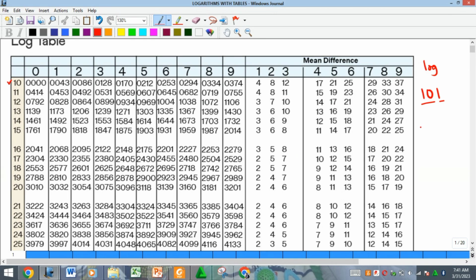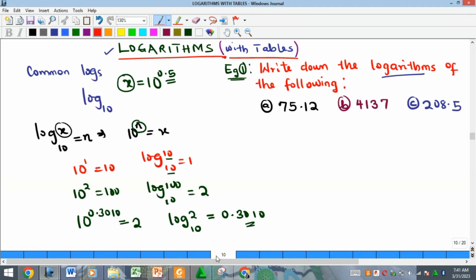However, before you start looking for your logarithm, there is what we call the characteristic of the log of a number and the mantissa. For instance, I have 75.12. The whole number part in this number is 75, so there are two digits in the whole number.